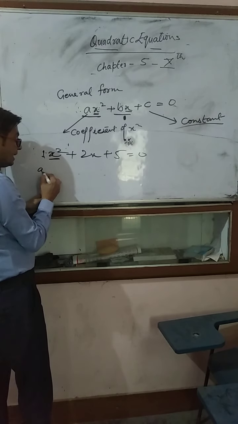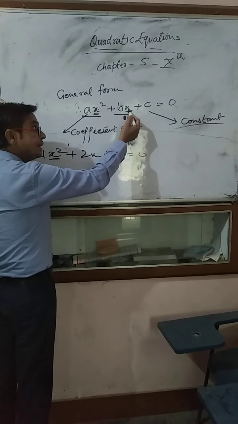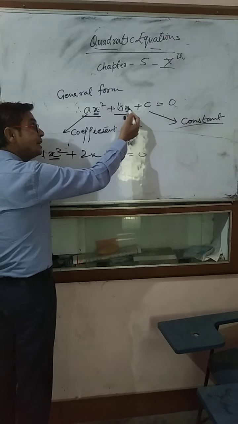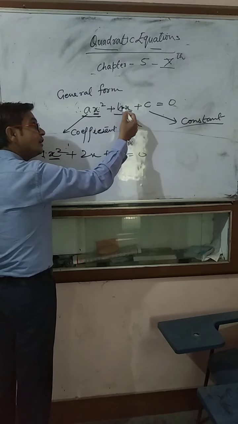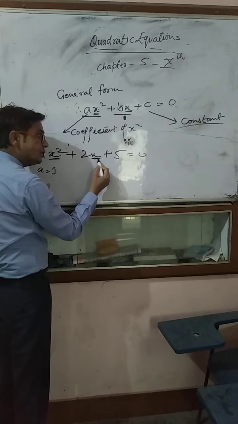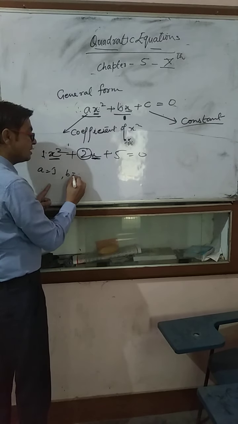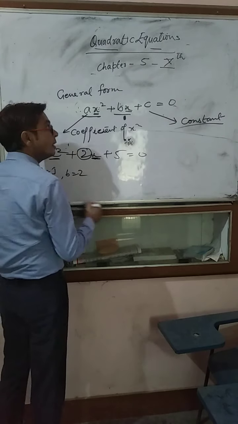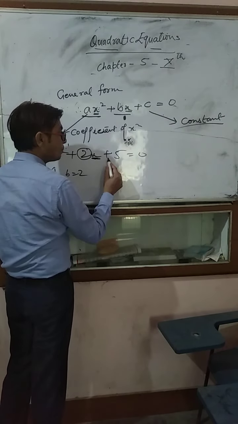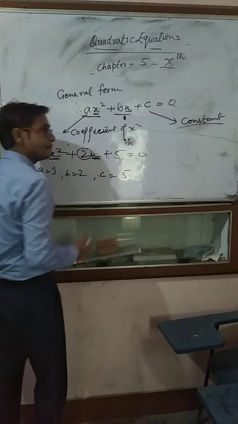So the value of a is equal to 1. Now see, b into x: the coefficient of x is b. Here the coefficient of x is 2, so the value of b is equal to 2. Now plus c, so the value of c is equal to 5.